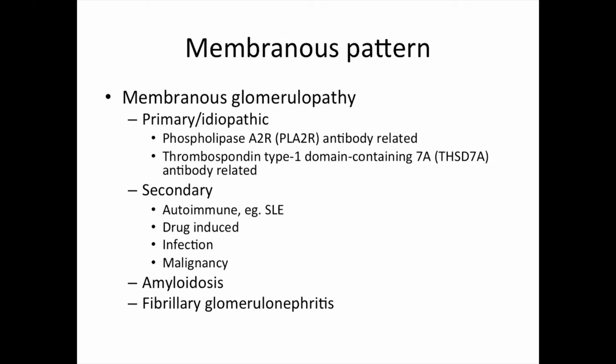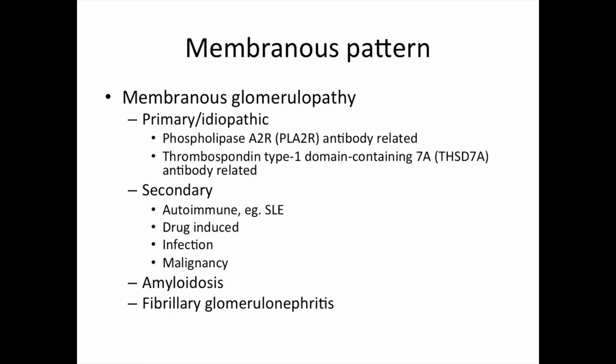It could be class 5 lupus nephritis. How do we make this distinction? We will have full house on the IF, we will have TRIs or tubular reticular inclusions on electron microscopy, and we will have positive serologies.